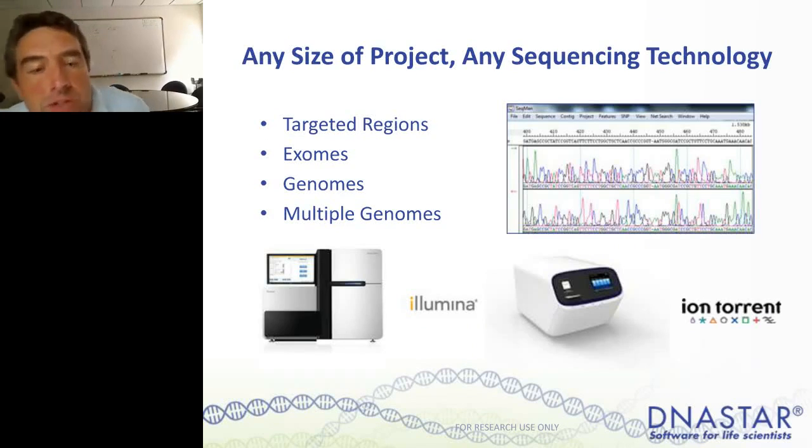So with NextGen software, we can handle really any size of a project and a variety of different sequencing platforms. These are projects that can range in size from targeted gene panels to exomes to genomes, all the way up to multiple genomes. And this can be Illumina or Ion Torrent or PacBio, Roche 454, or traditional Sanger methods.